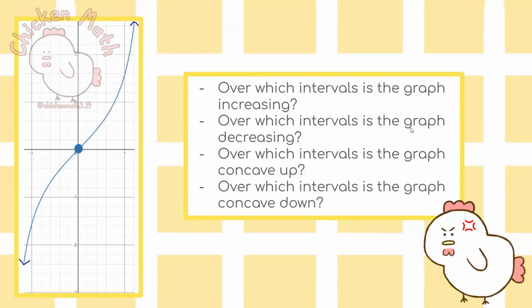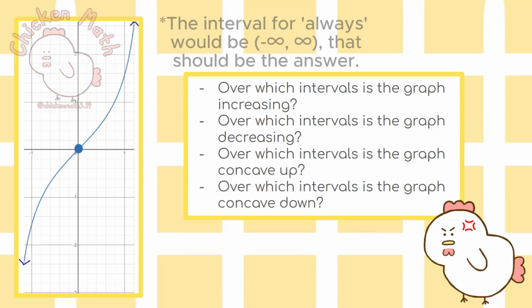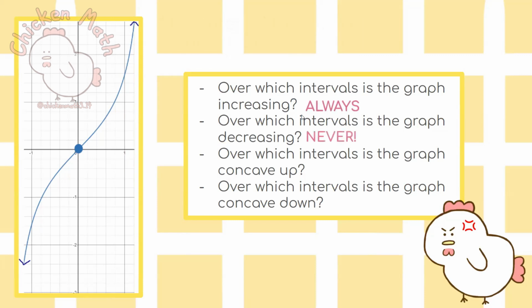Okay, so this is our next example. Over which intervals is the graph increasing? So this is kind of a trick question. It's always increasing because as you increase the input values, the output values are always increasing. So that means the graph is never decreasing. Over which interval is the graph concave up?